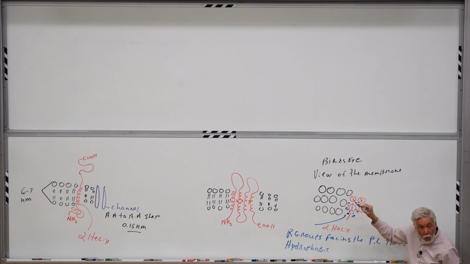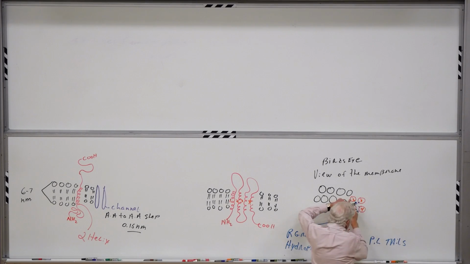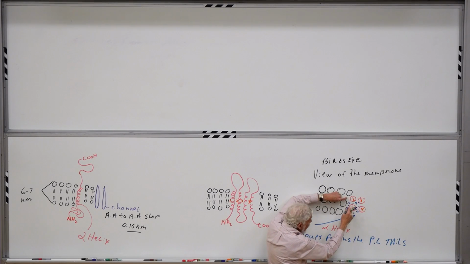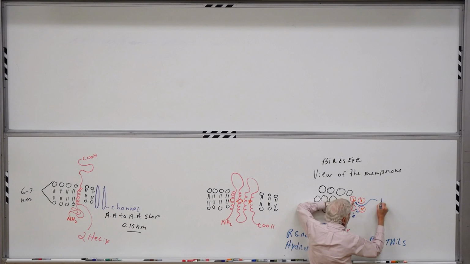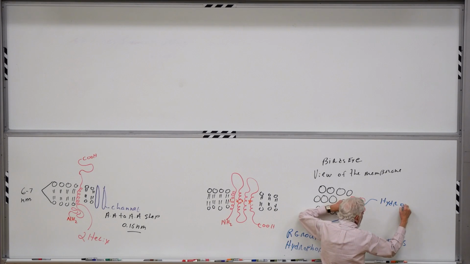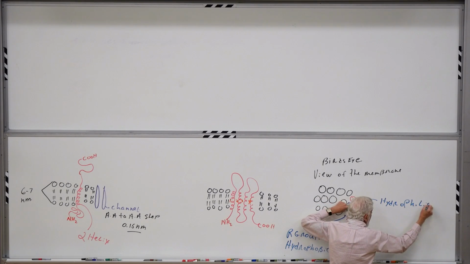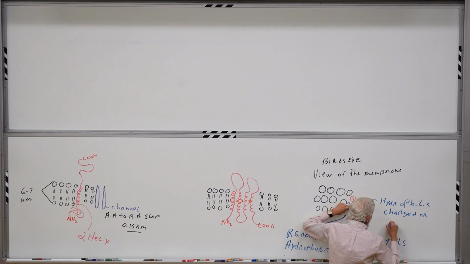They're pointing toward one another and the other alpha helices. Those R groups pointing inward in the middle of the spiral staircase. So you imagine these 4 spiral staircases having R groups on the steps pointing inward. These can be hydrophilic, so they can be charged or polar.